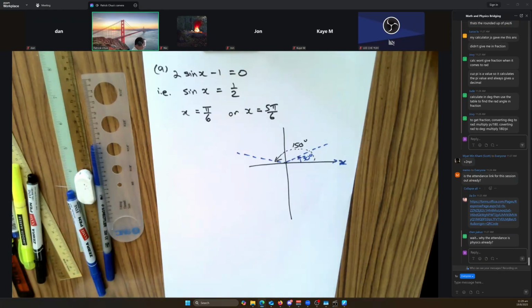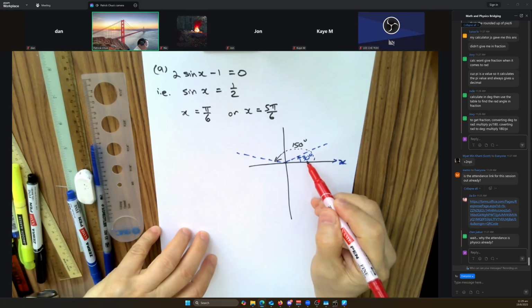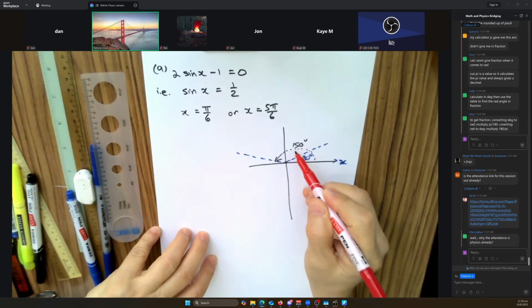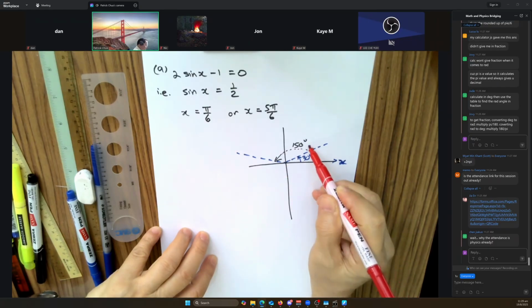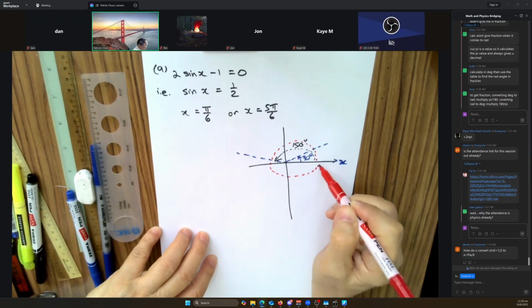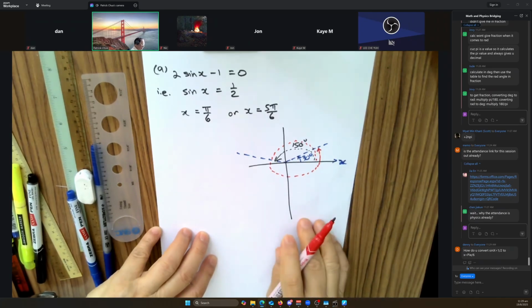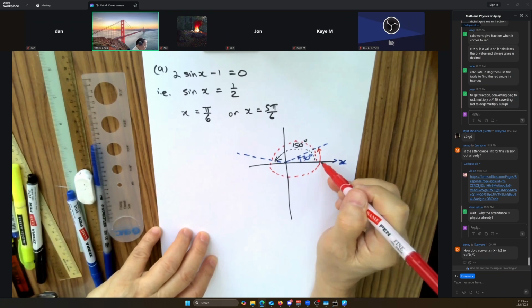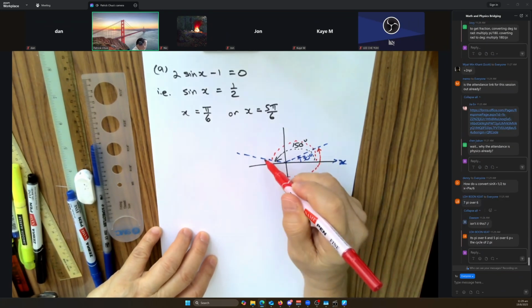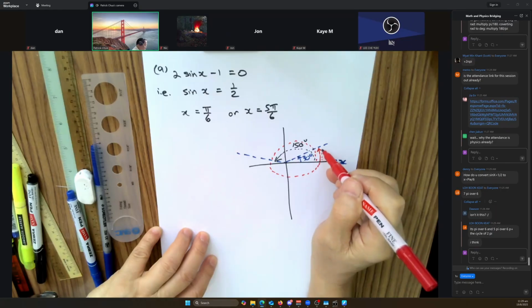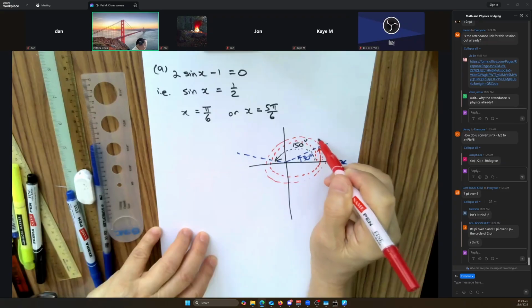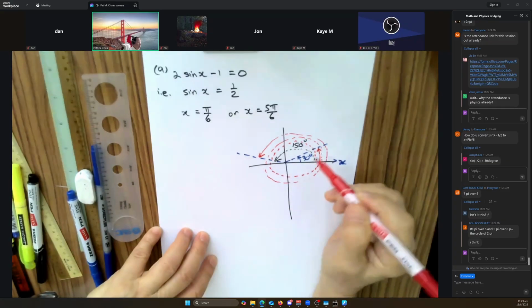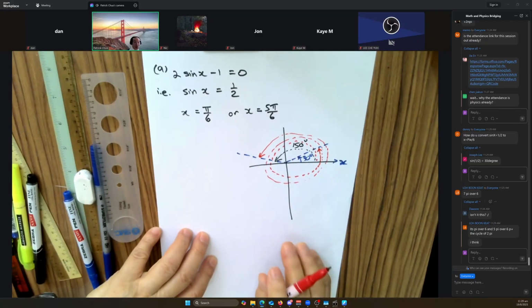One answer is 30, the next is 150, then you go around and reach 390 degrees, which is also an answer. When you go past 360 and come around to here, it gives you another answer for x.